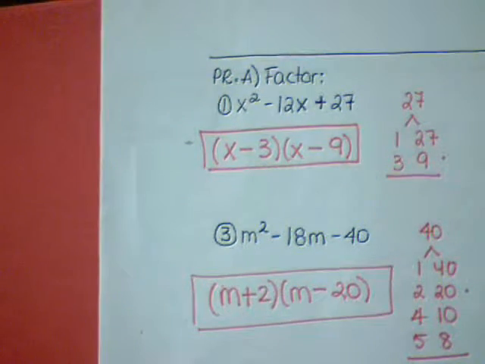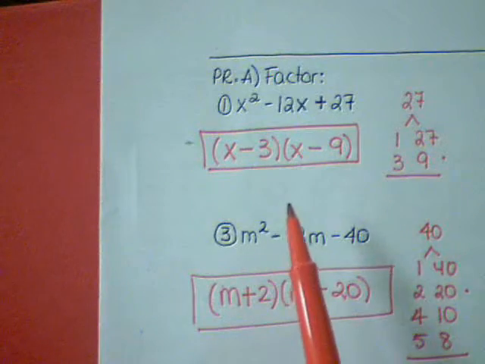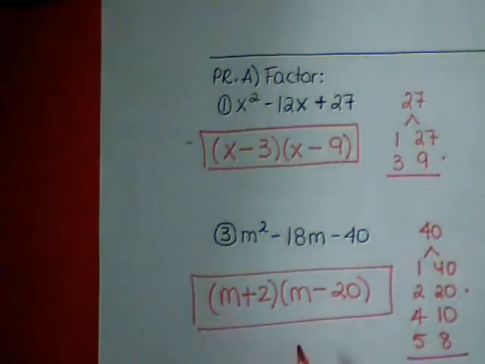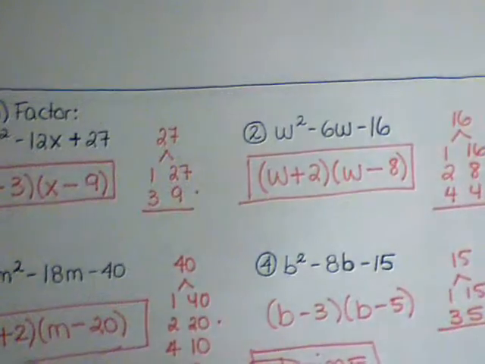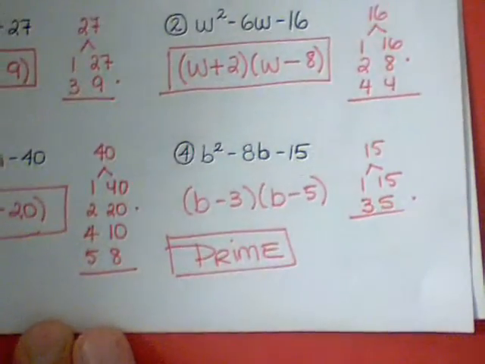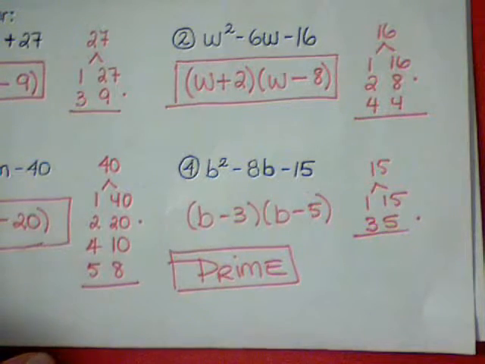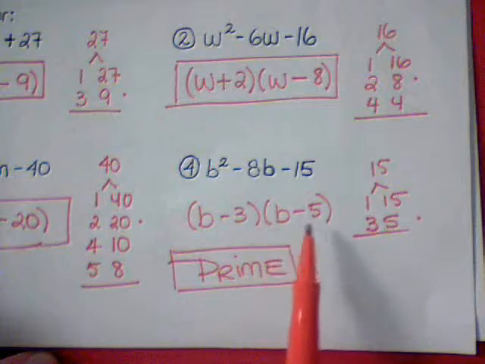Welcome back, and here are the answers for problems 1 and 3. These are the answers that you should have achieved. Please check your answers. Okay, here are the answers for problems 2 and 4. I want to comment on problem number 4. A lot of students thought that this was the answer.